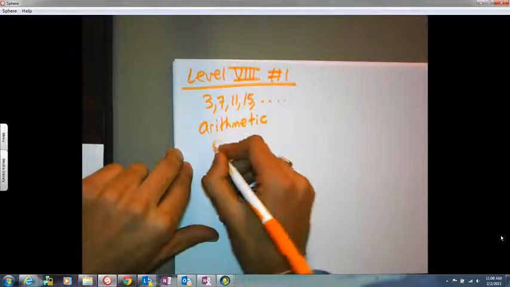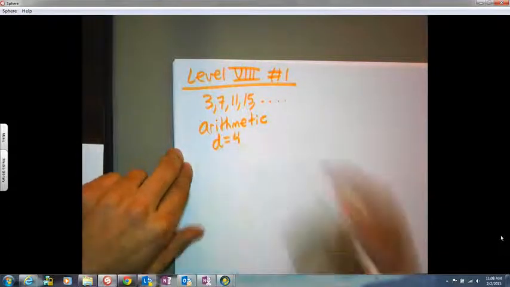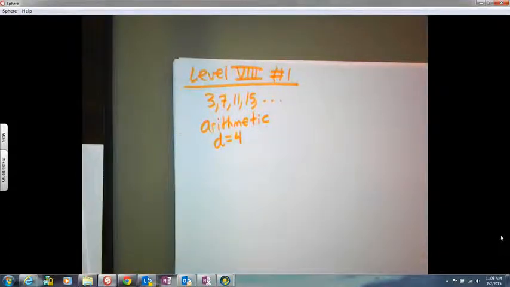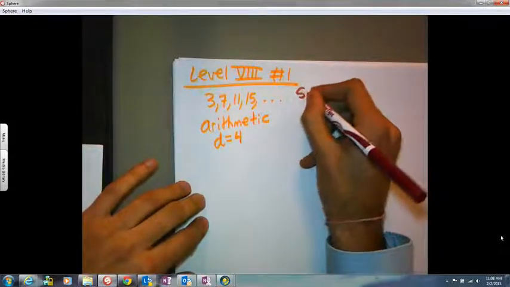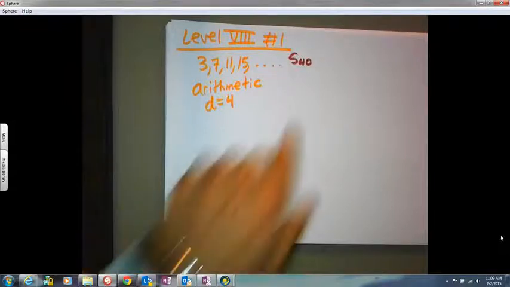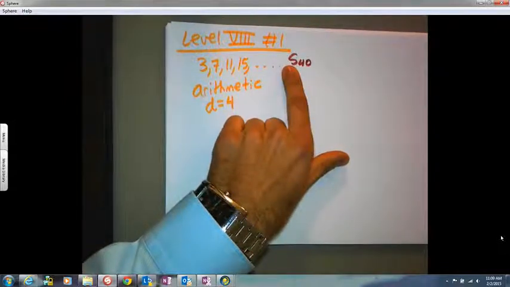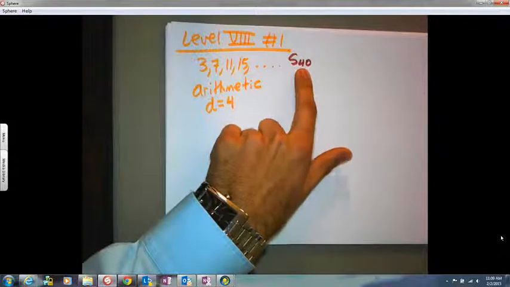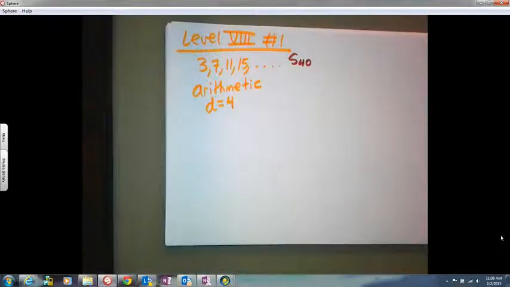Please let me know if there are questions on that before we go forward. They want me to find S40, because they want the sum of the first 40 terms, which means find the 40th partial sum. Partial because we're only adding the first 40 terms, not the first infinite terms. We're only adding a portion. So S40.